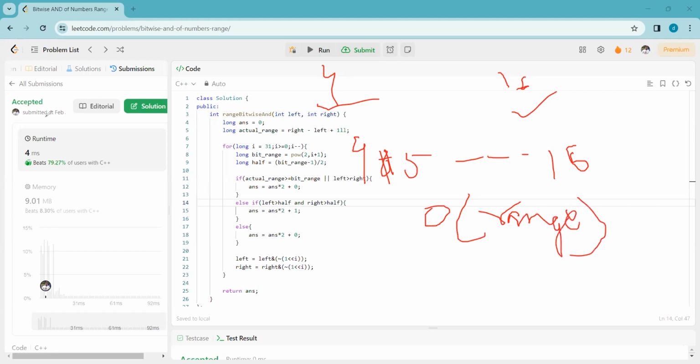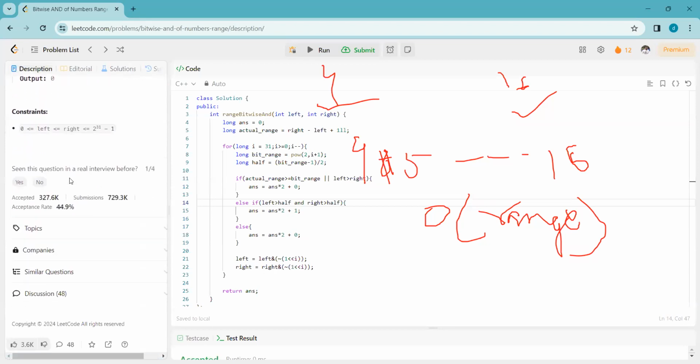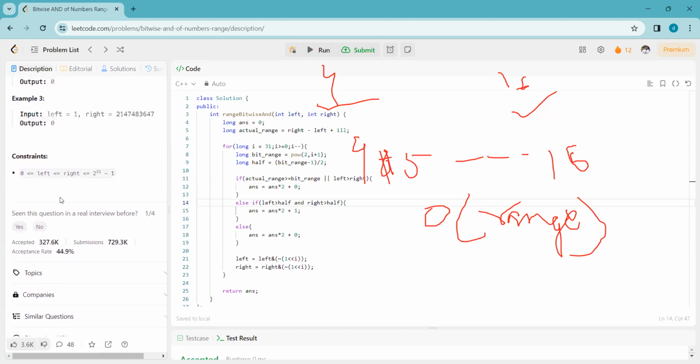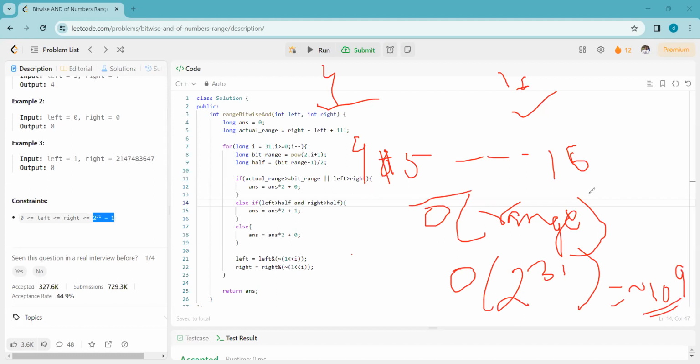And if we see, the range given is up to 2 to the power 31 minus 1. That is, it will take a maximum of 2 to the power 31 time, which is nearly equal to 10 to the power 9. So this solution may give TLE.